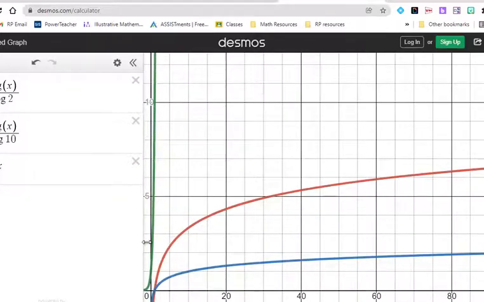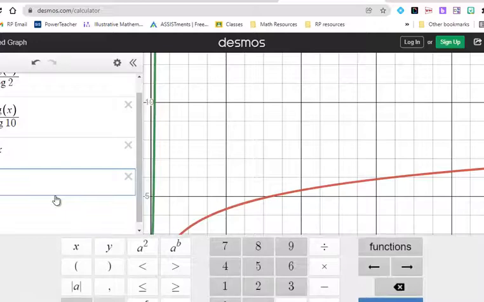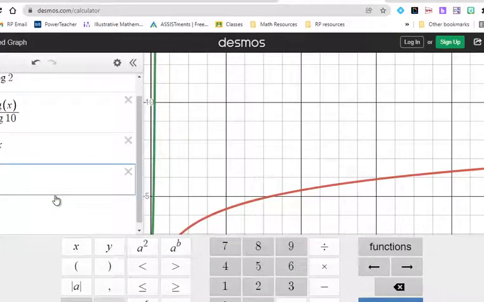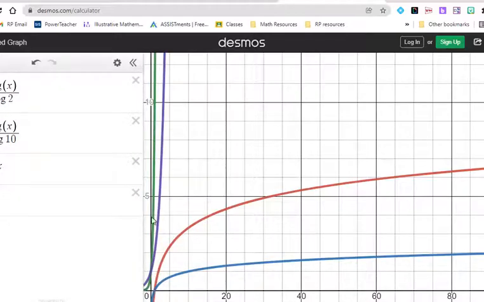It's this green one here that just came in. It's growing faster than 2 raised to the x power. So since our green one is growing faster, when we do the inverse of it, it's going to plateau faster as well. The ones that grow faster are also going to plateau faster in a logarithmic graph.